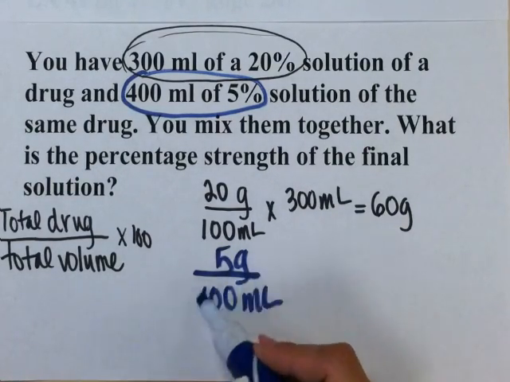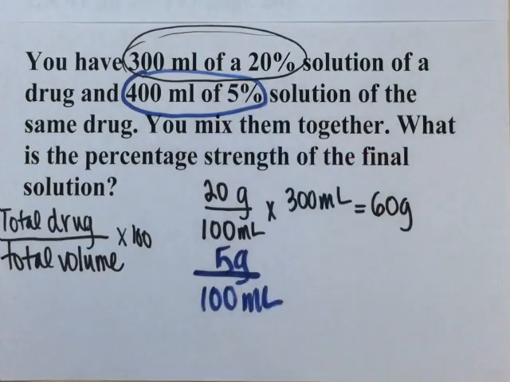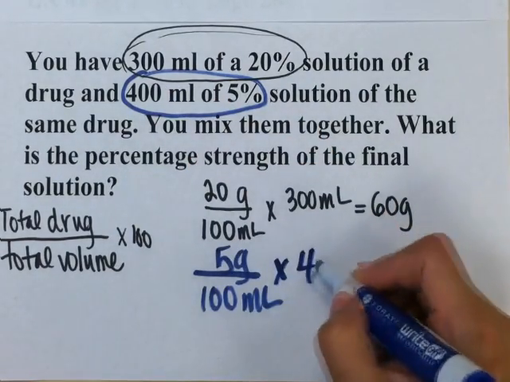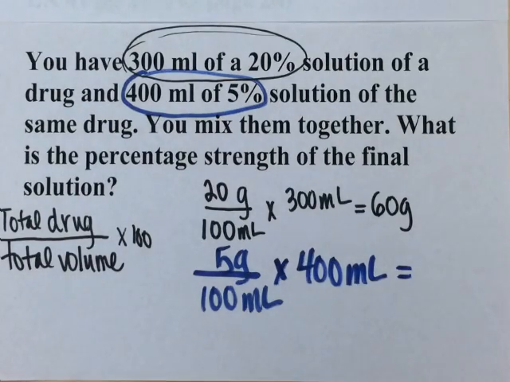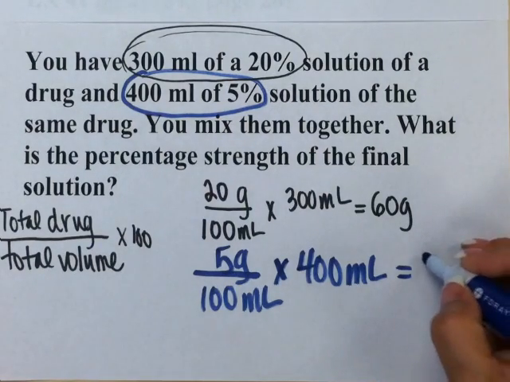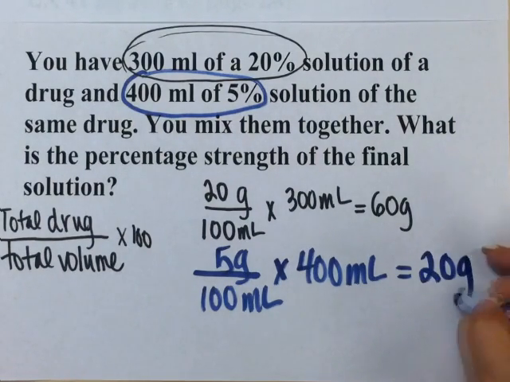This is a definition of percent. 5 grams for every 100 mLs of drug solution. But we don't have 100 mLs, we have 400. So we're going to multiply that out by 400 mLs. 5 divided by 100 times 400, you can easily see that that's 20 grams.